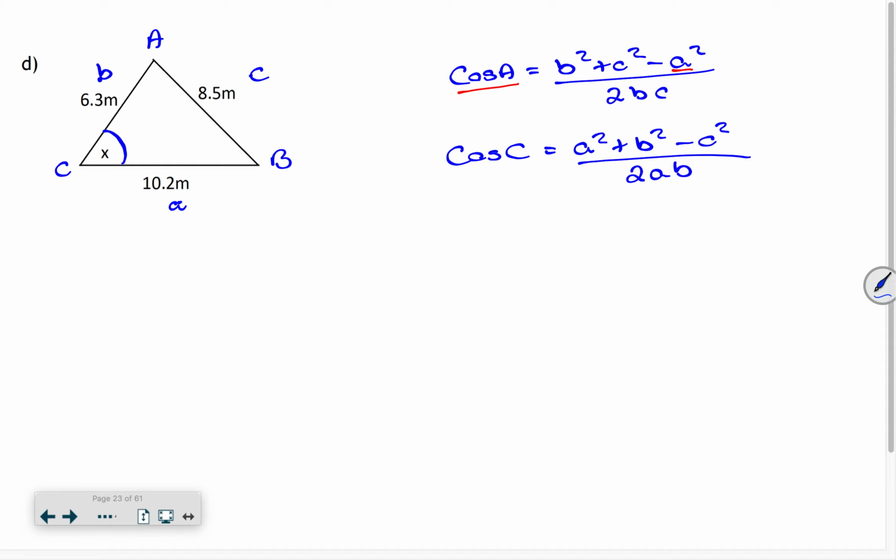And then we just go ahead and plug this in. That will give me cos C is equal to 10.2 squared plus 6.3 squared minus 8.5 squared all over 2 times 10.2 times 6.3.